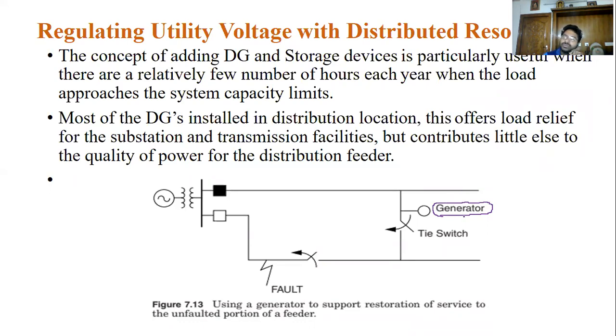One thing you should remember: most people think that for distributed generators we can add solar as well as wind, but to regulate the voltage levels, solar and wind energy are not suitable because those are variable.